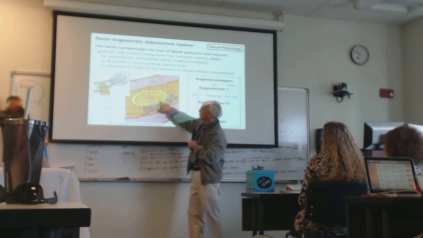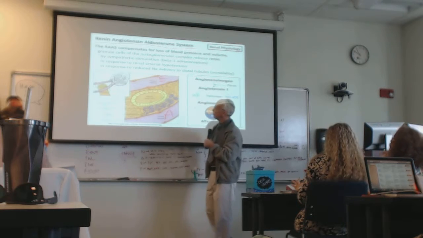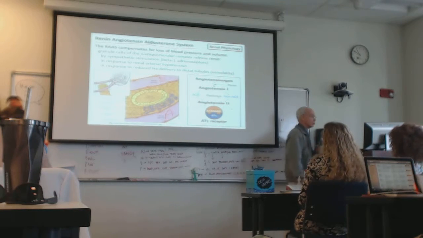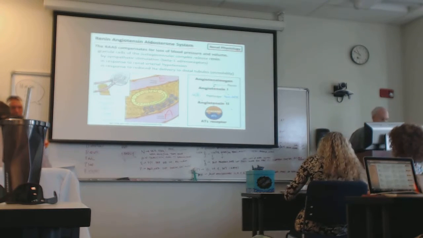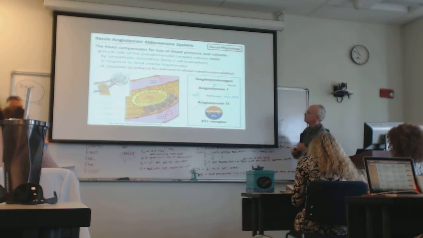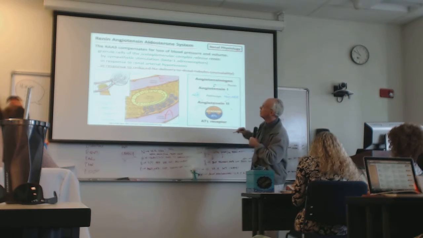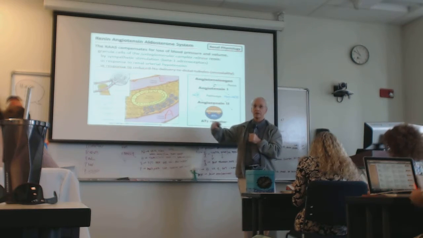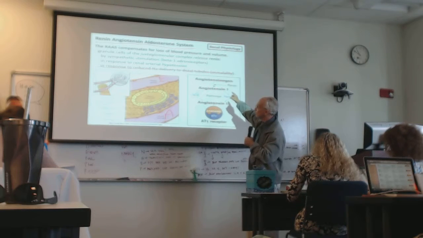You can see the macula densa cells here, and these are sensitive to both the volume, the pressure in the distal tubule, and the osmolality. Although, whatever you've read in the textbooks, that mechanism is extremely complex, and we won't get into it here. We're happy to talk about it, and you're not responsible for it on the test. It will take us a couple hours to work through that.